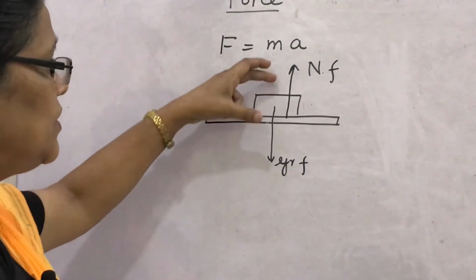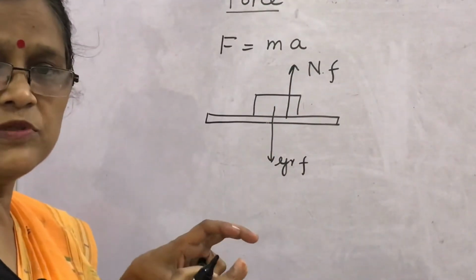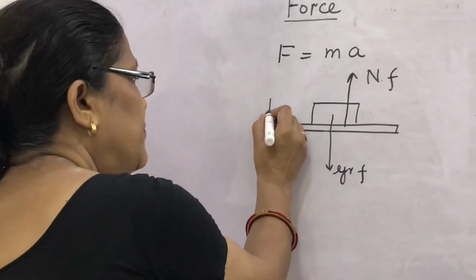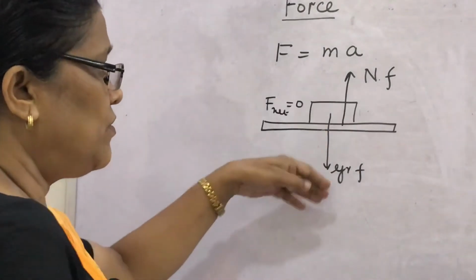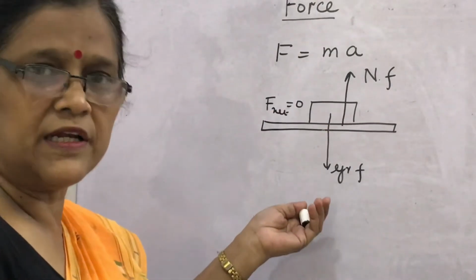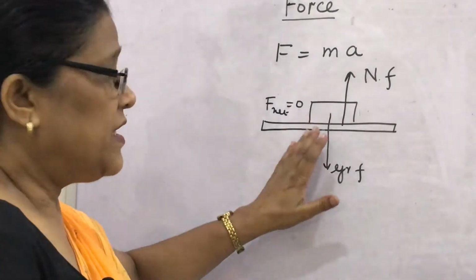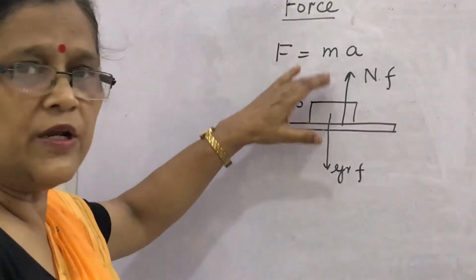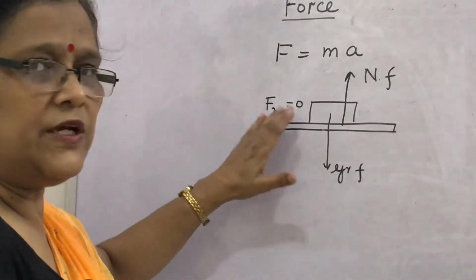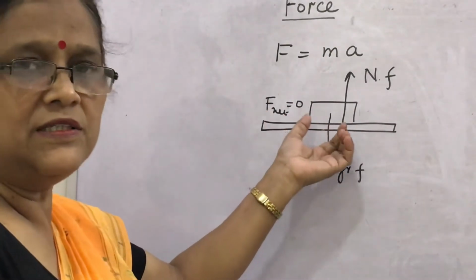These two forces, normal and gravitational, are equal and opposite. The net force on the object is 0. And what is the state of the object? Stationary, rest position. We can say that if the object is under the effect of two equal and opposite forces and in the state of rest, the net force on it is 0.